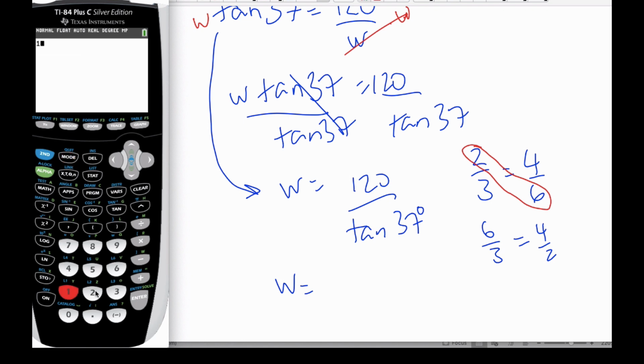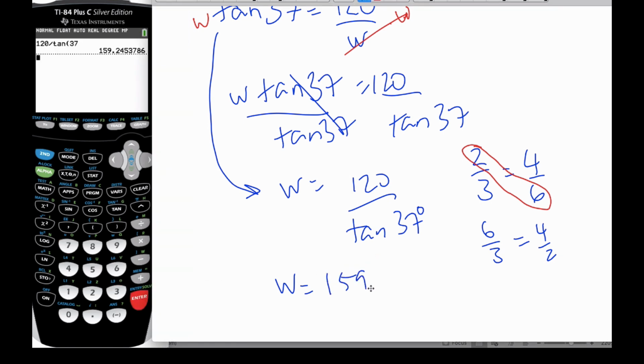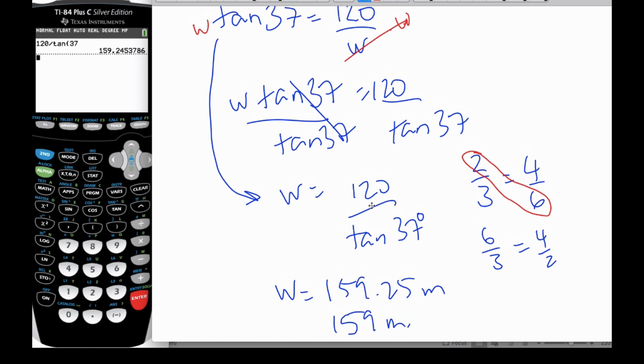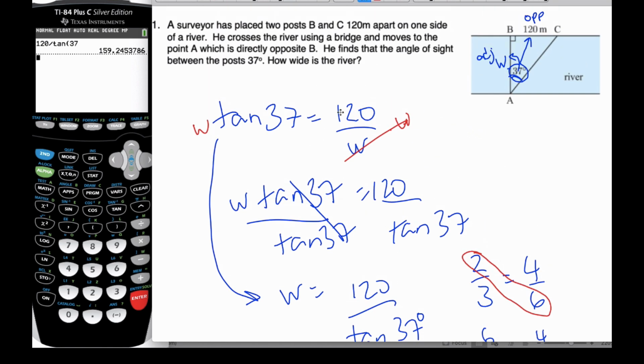And so then I just go 120 divided by the tangent of 37. And so W is 159.25 meters. And to three significant figures, it's 159 meters. So how wide is the river? 159 meters. Okay, we'll try one more problem here.